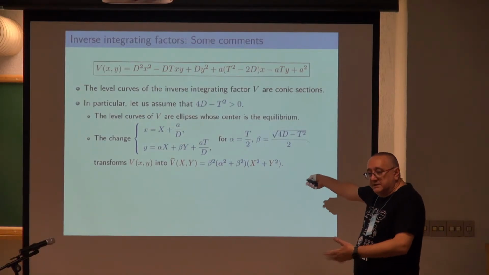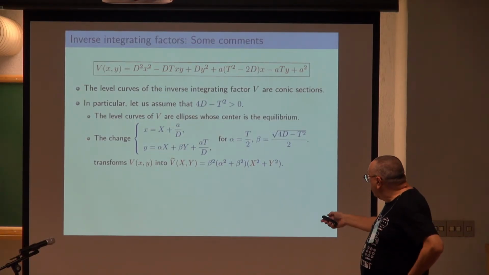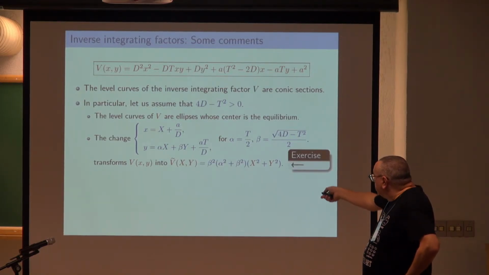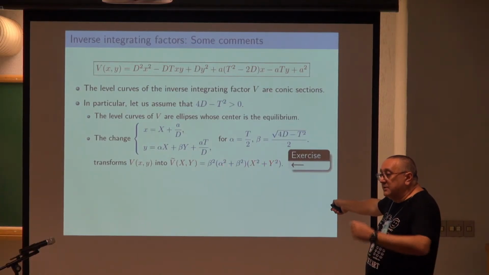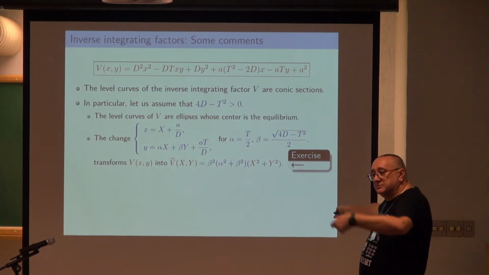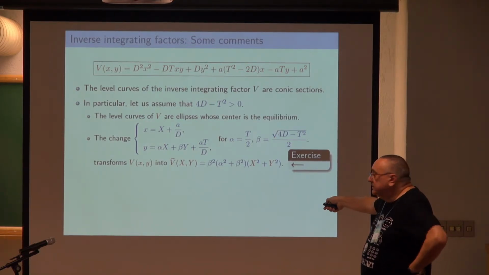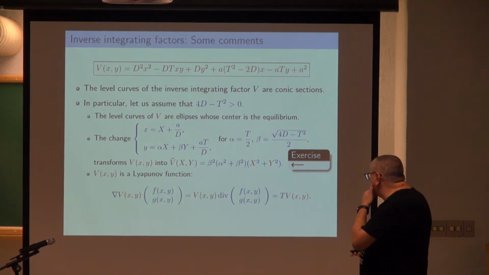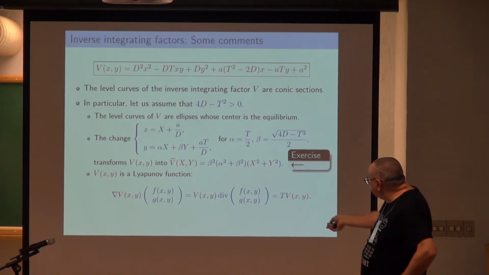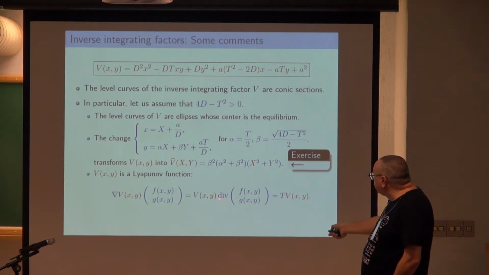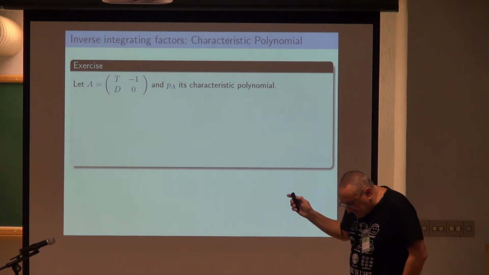The level curves will be circumferences, circles. This is another exercise, to make this change. This is useful when you have to make some computations in one or two slides. And in this case, this is a Lyapunov function of the system, because the divergence of this system is the trace of the system.